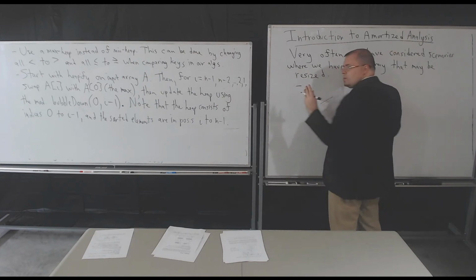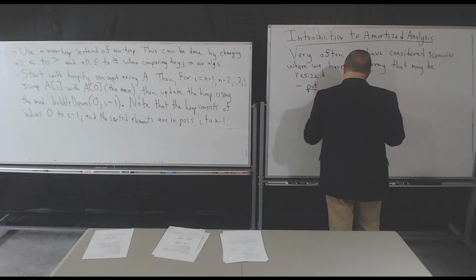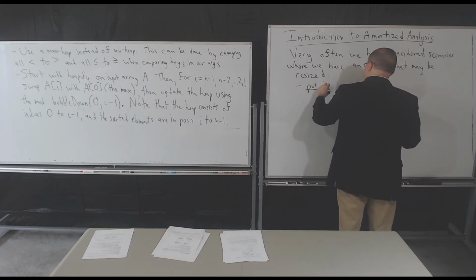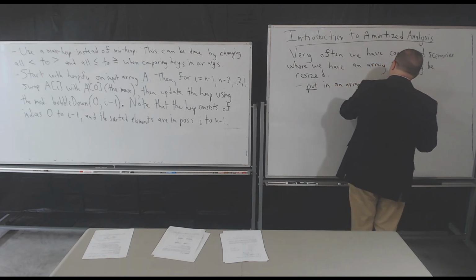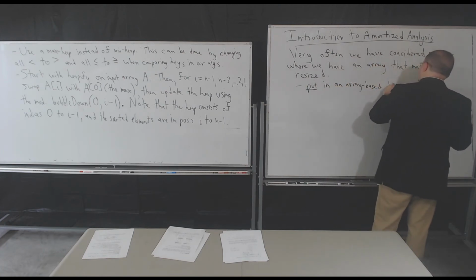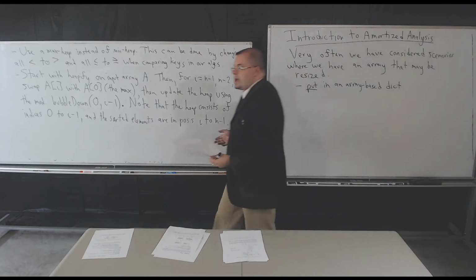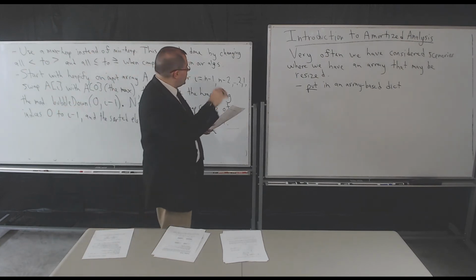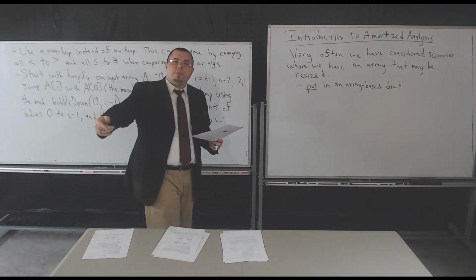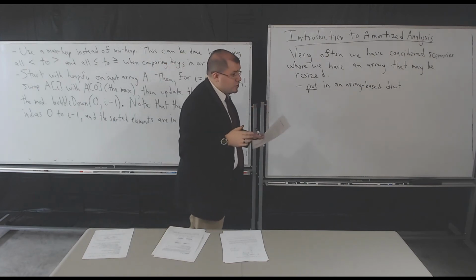So one example I can think of is when we have put operations in an array-based dictionary. If we run out of space in an array, we'd have to allocate more space. So I start off with an array, and then I allocate more space, usually twice as much.